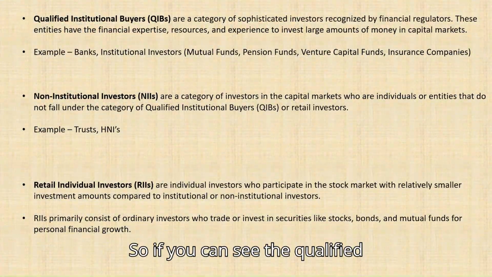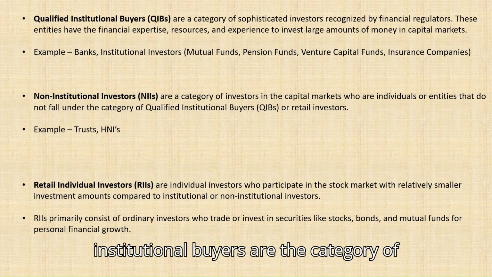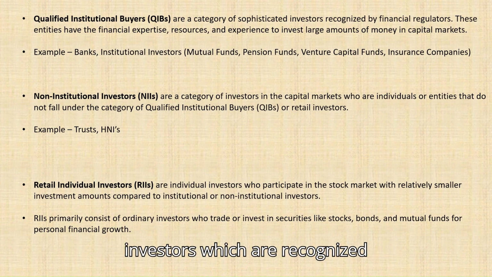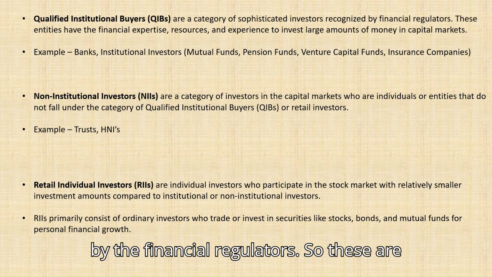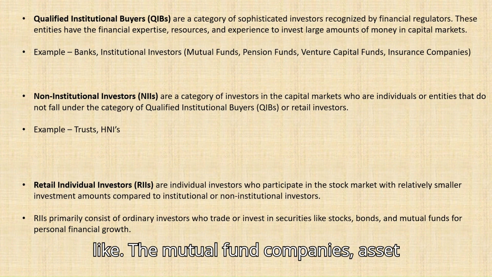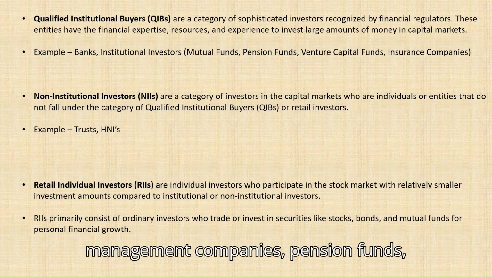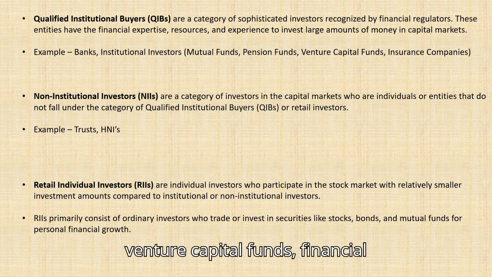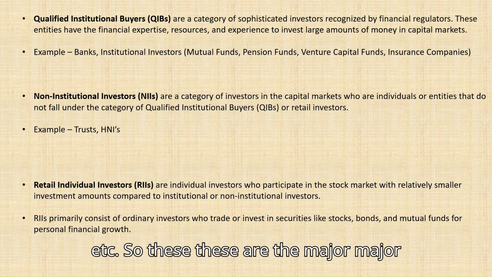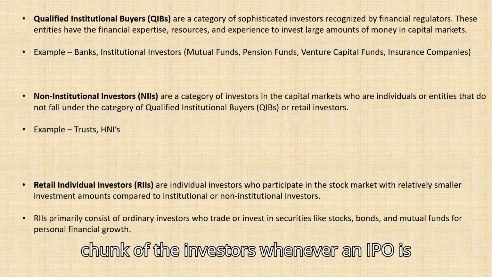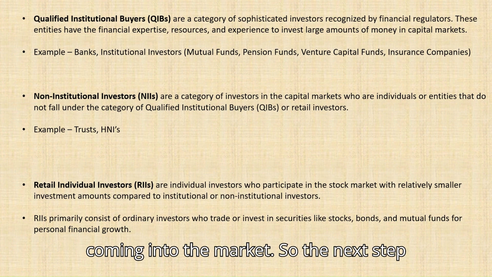So the qualified institutional buyers are the category of investors which are recognized by the financial regulators. These are the mutual fund companies, asset management companies, pension funds, venture capital funds, financial institutions, insurance companies, banks, etc. These are a major chunk of the investors whenever an IPO is coming into the market.